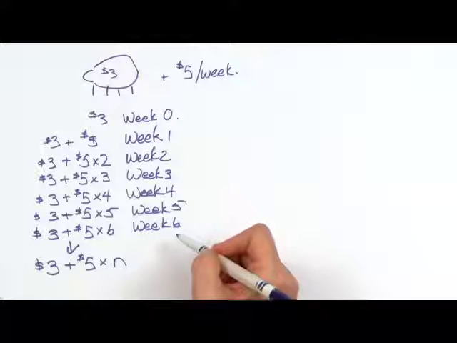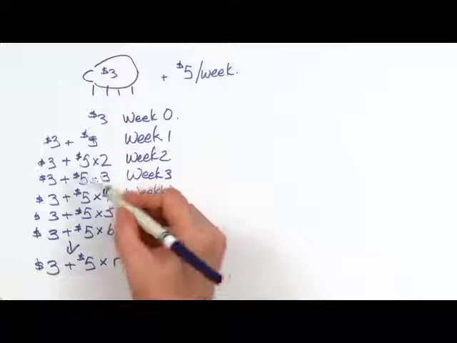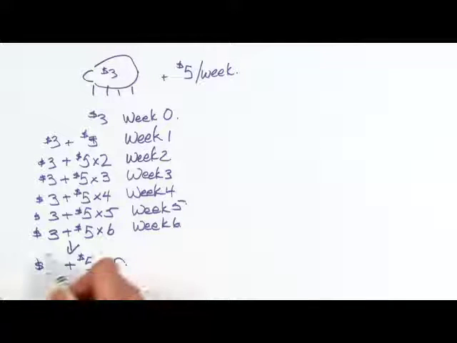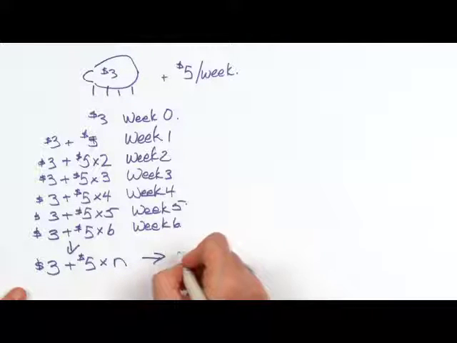So at the end of 6 weeks, to answer the question, we could do it this way, where we're always following the pattern down, or we could just have the expression that we've written and substitute 6 for n. So let's do that.